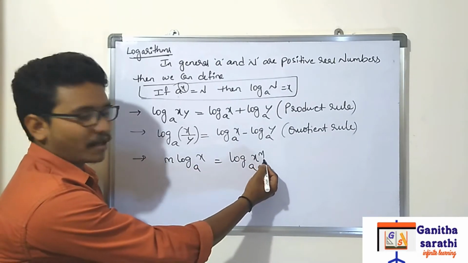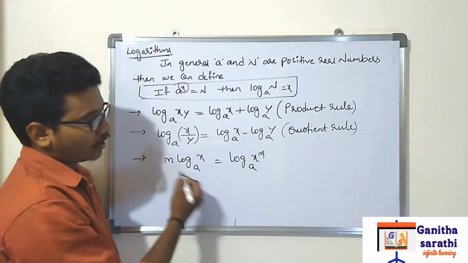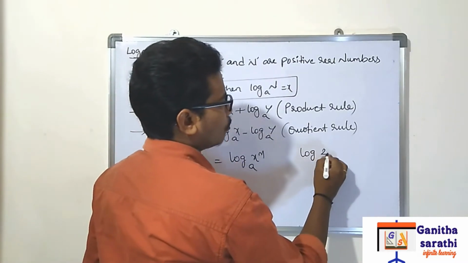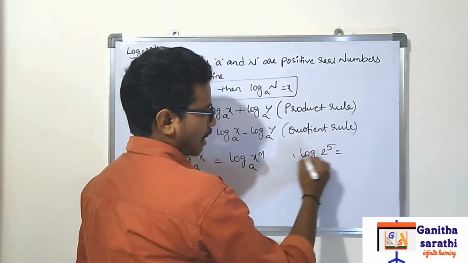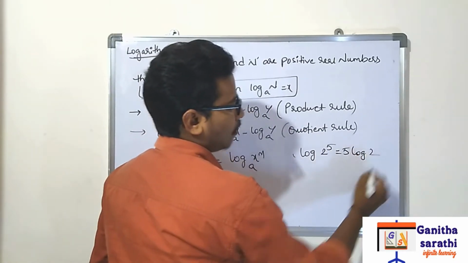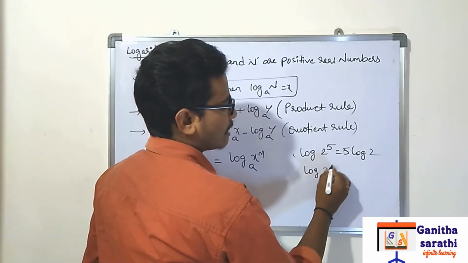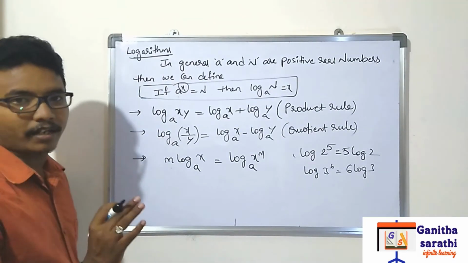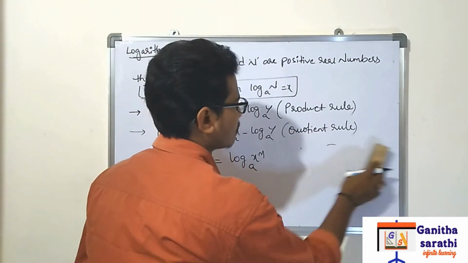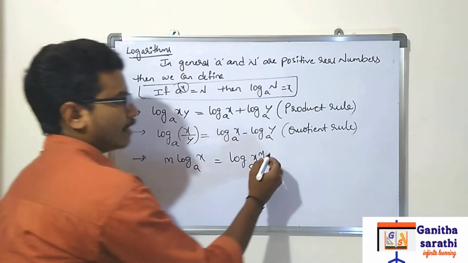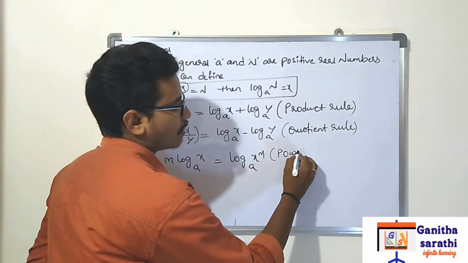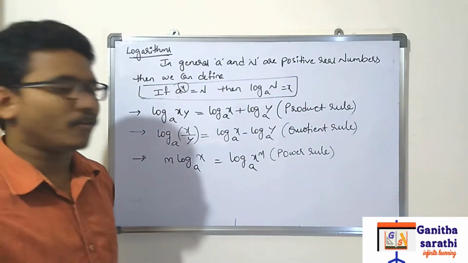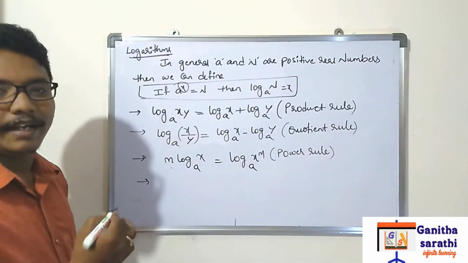For example, log 2 power 5 you can write as 5 log 2. Log 3 power 6 you can write as 6 log 3. Like that. Understood? This rule, where we are getting a power, is called the power rule.